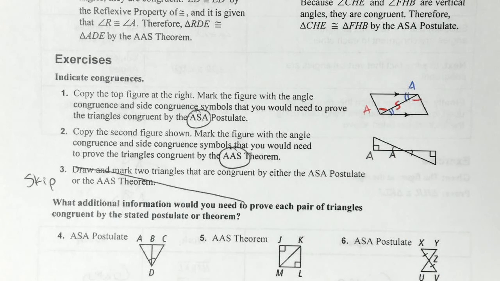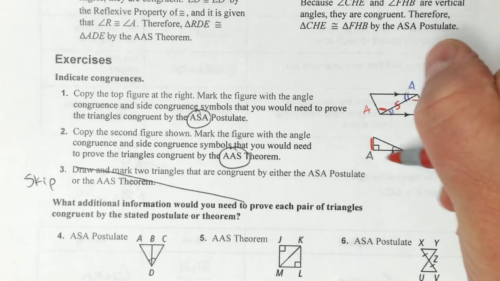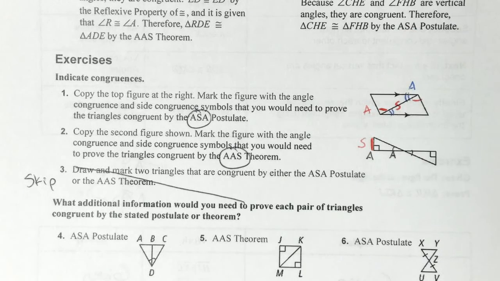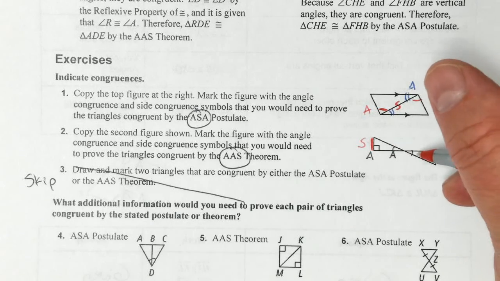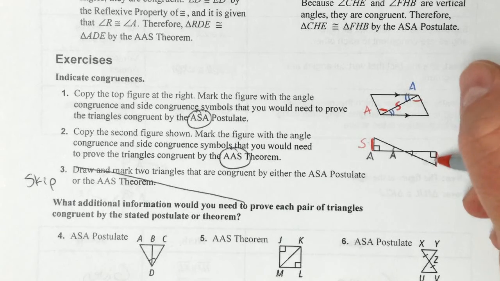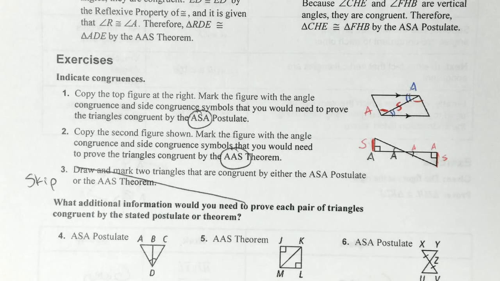So the side we're interested in has got to be this short leg, because we need AAS. So AAS with AAS. Any questions?